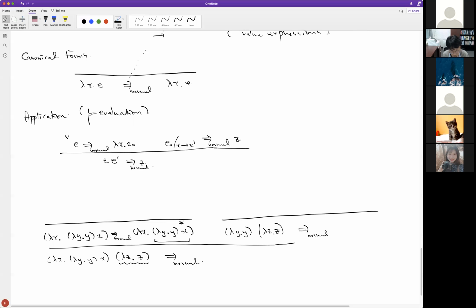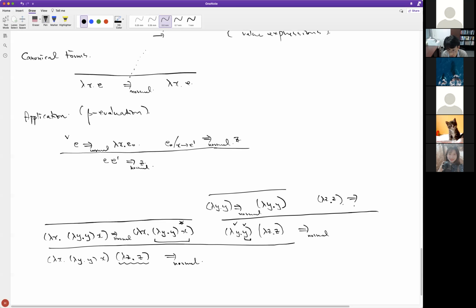This one is again an application. So we have lambda y. Look at the operator, that's already in canonical form, lambda y dot y. And then we replace the bound variable y in the body by this operand, so we replace this y by lambda z dot z, and then we got lambda z dot z.